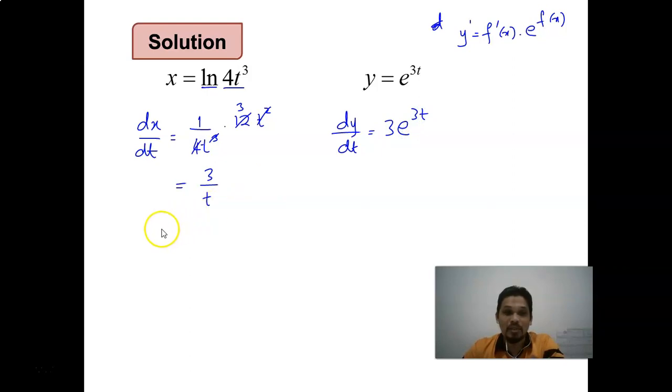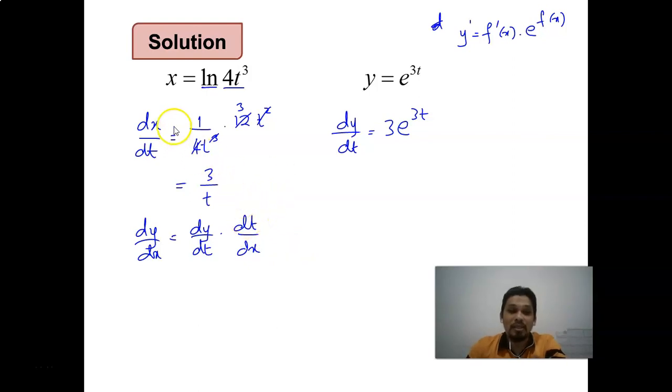So the question wants us to find dy dx. dy dx equal to dy dt multiplied with dt dx.